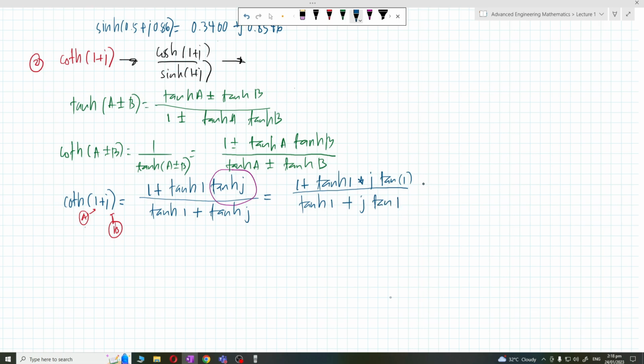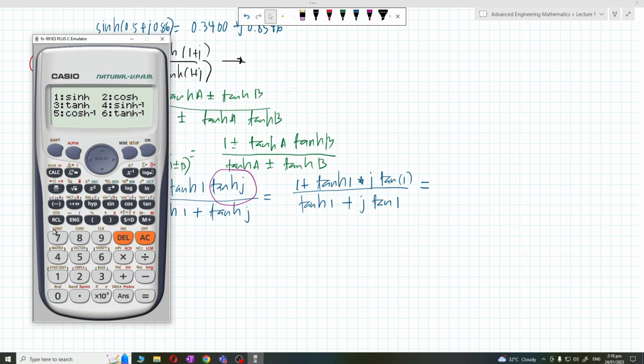Then ito guys, calculator na lang yan. So ratio tayo: 1 plus hyperbolic tangent of 1 times j tan 1, over hyperbolic tangent of 1 plus j tan 1.